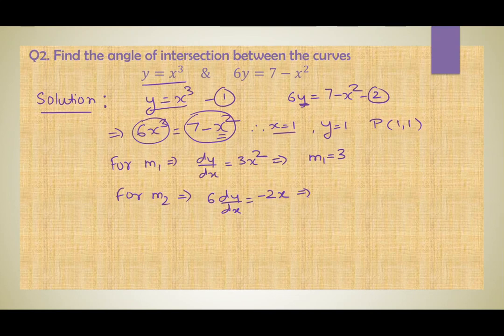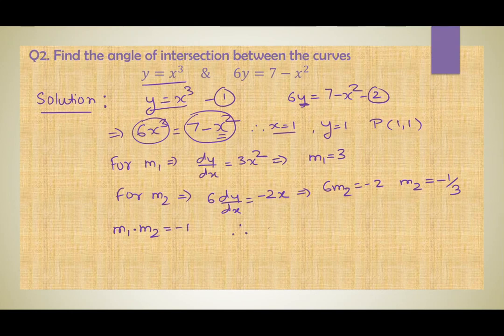What is x? x was of course 1. So if I substitute this over here, this is going to be 6 m2 equal to minus 2. So m2 is equal to minus 1 by 3. Now check that m1 into m2 is minus 1.